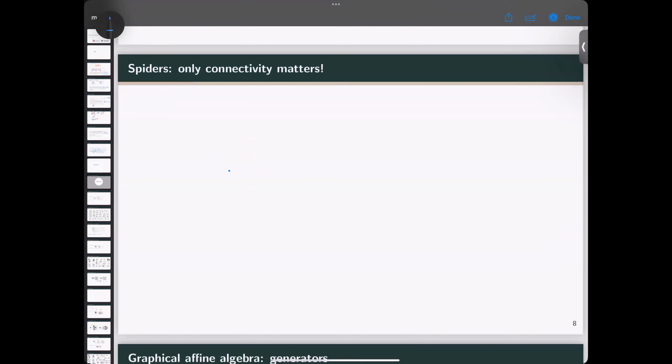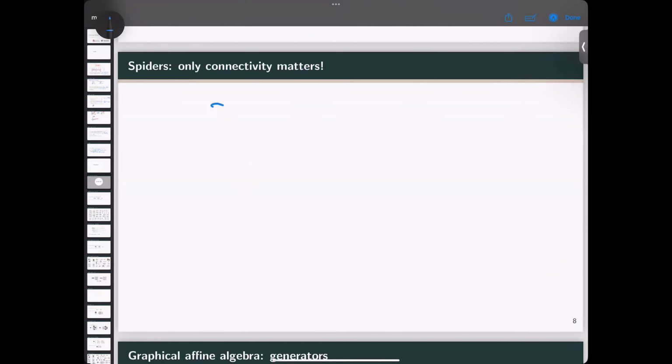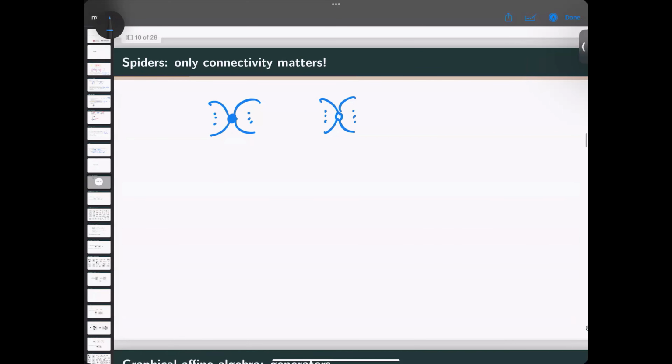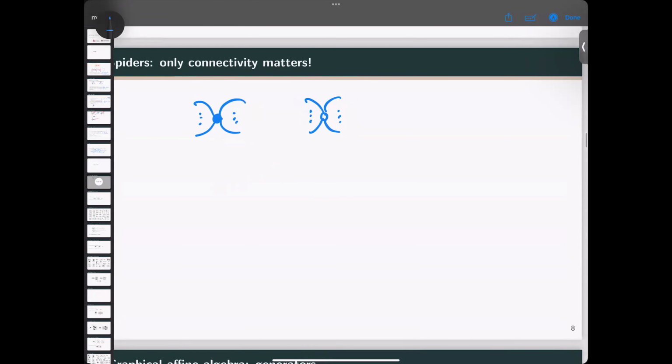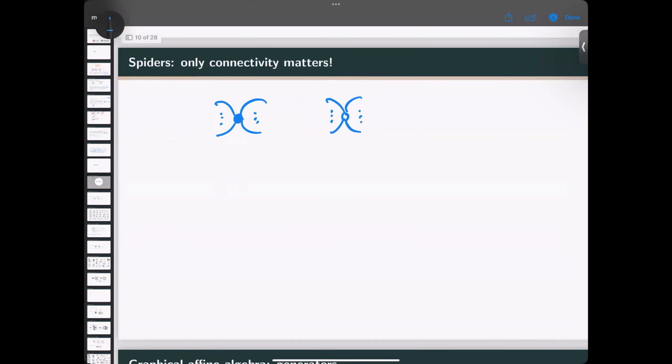What I really want to say in this slide is that, at least in the context of this talk, I'm going to draw spiders like this, and like this, for some arbitrary number of input and output legs. And I always assume that my spiders are what Tiedemann calls flexometric, and what the community is more familiar with as the meta rule: only connectivity, or only topology, matters.